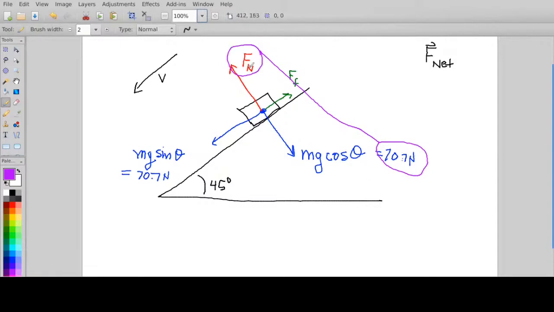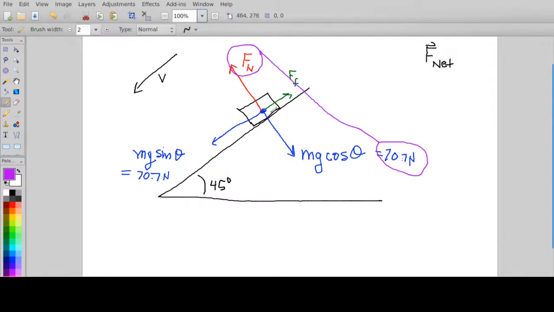Well, if the normal force is winning, then what that would mean is that the perpendicular component of the force is greater away from the plane, pulling up off of the plane, than into the plane. And what would happen is the entire box would actually lift off the plane. Okay, so you can't have that Fn is bigger than that 70.7, otherwise the box would actually lift off of the plane.